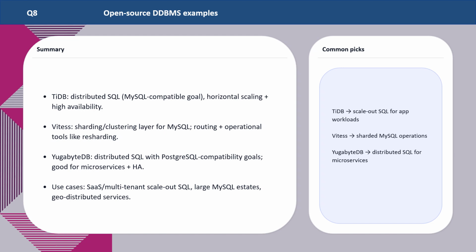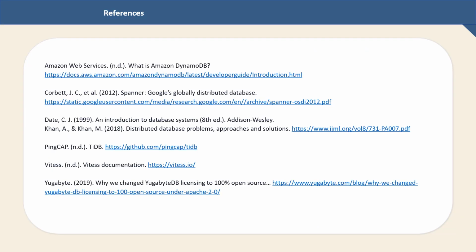YugabyteDB is distributed SQL aiming for PostgreSQL compatibility and is used for microservices that need SQL with fault tolerance across nodes and regions. So the quick takeaway is these are common open source options depending on whether you are scaling MySQL, looking for distributed SQL, or supporting microservices.